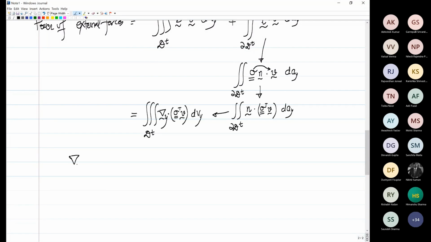So divergence with respect to y dot with sigma transpose v. So if you call this a vector A, then this is equal to del AI over del YI, isn't it? Divergence. But AI, what will that be given that A is equal to sigma transpose V? So can we say that it is same as del over del Yi, and AI is then sigma Ji Vj? Can you say that?